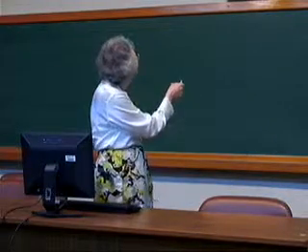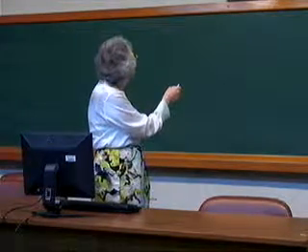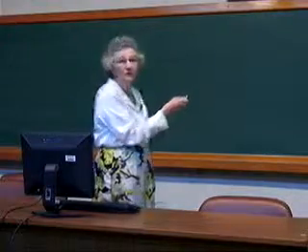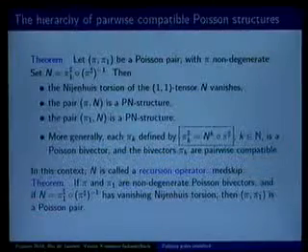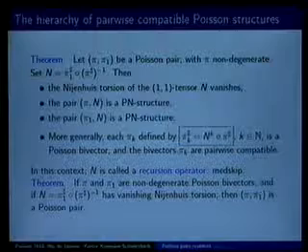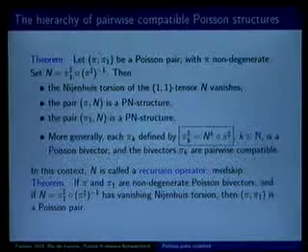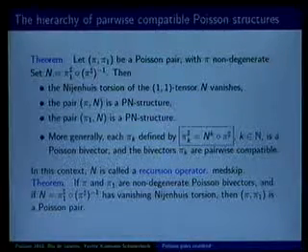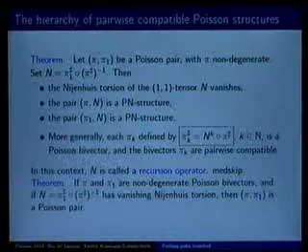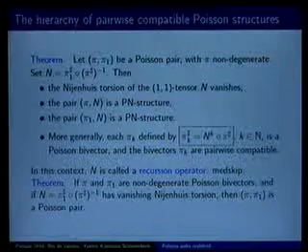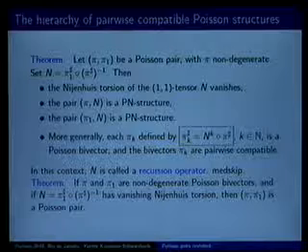And that's done by composing one of them with the inverse of the other. So you have to assume that one of them is non-degenerate. And then everything works fine. The resulting 1-1 tensor has Nijenhuis torsion 0, and each pi n and pi 1 n is a PN structure.